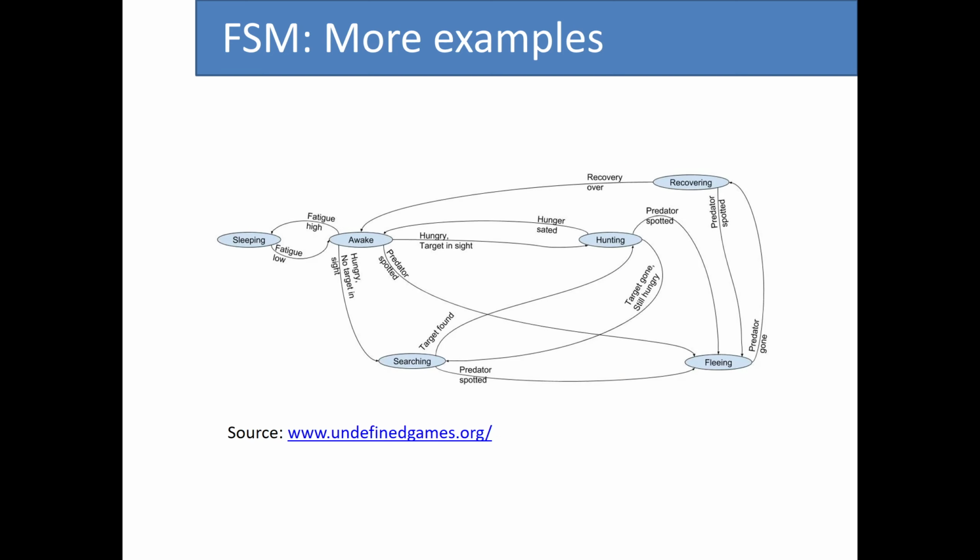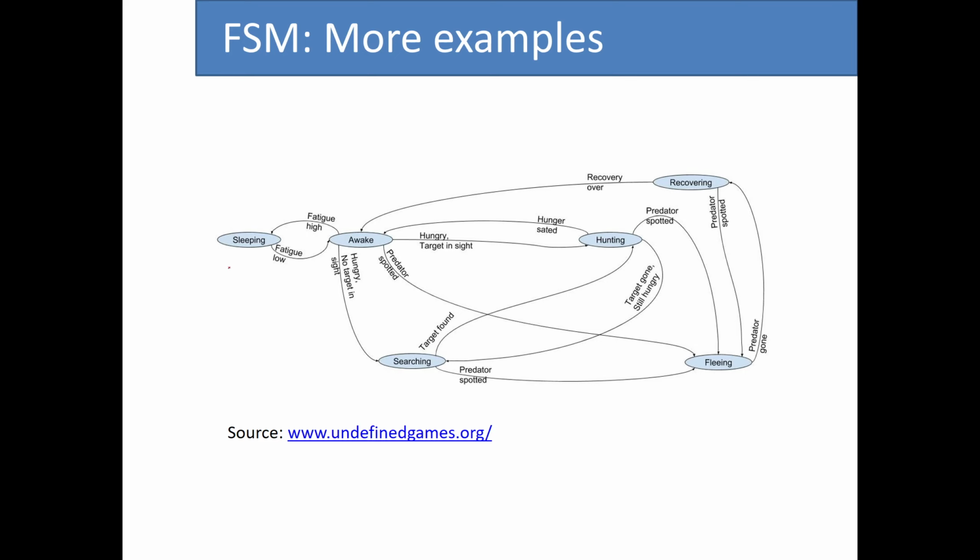Another example that I can show you is, if you ever played a video game, you should know that all video games have finite state machines inside of them. Of course, these can be more and more complex. They definitely use factored finite state machines, but they have finite state machines nonetheless.